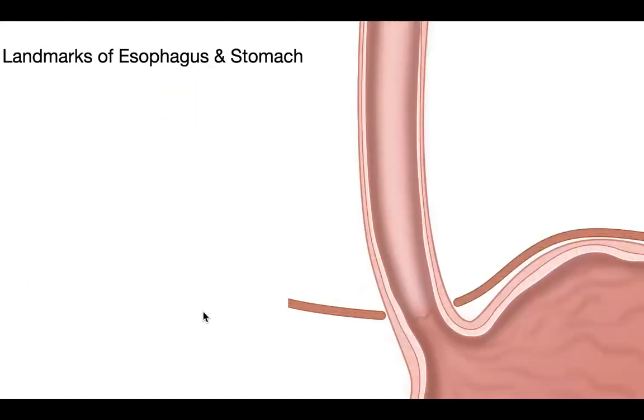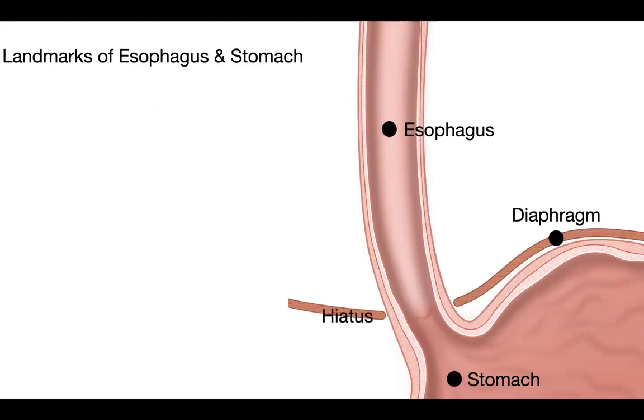When we do endoscopy, a typical endoscopist, as they come down the esophagus and enter the stomach, has to go through the diaphragm, an opening in the diaphragm called the hiatus, and then make some measurements or call out some measurements.